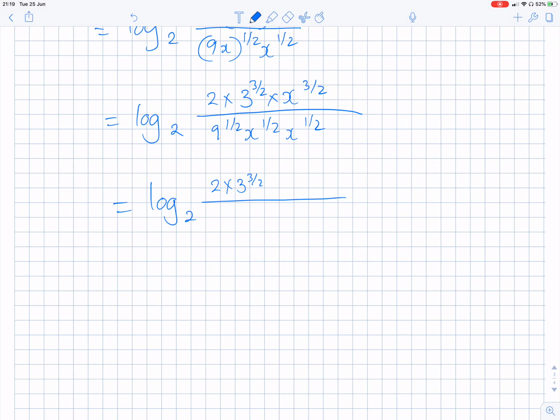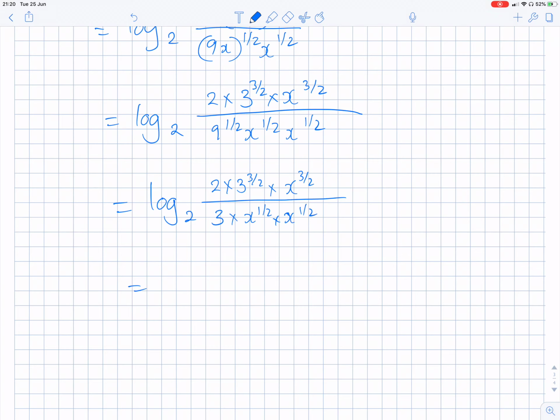Now, we've got this x to the power half, 3 over 2. So that stays as x to the power 3 over 2. Okay, and at the bottom, we have 9 to the power half, which is 3, to the power 1, times x to the power half times x to the power half.